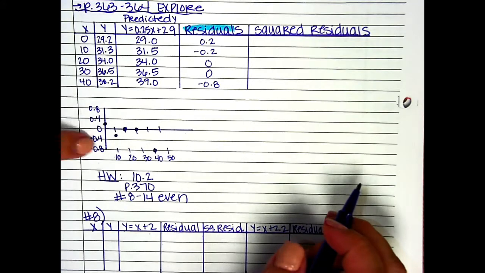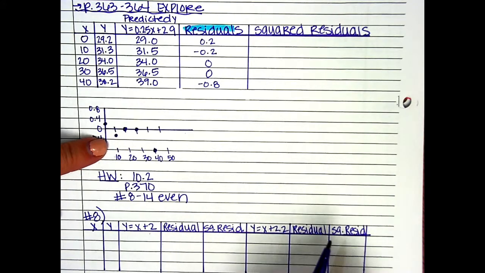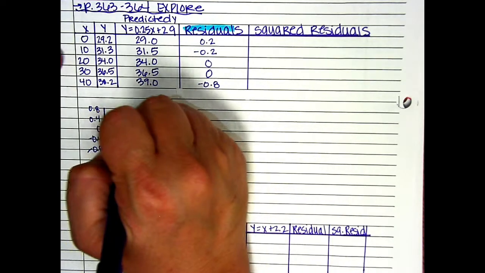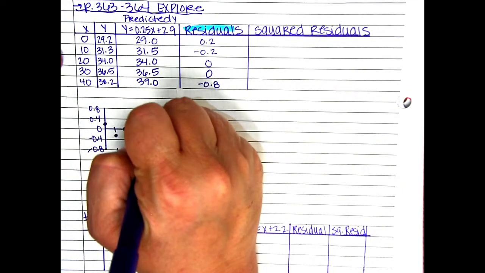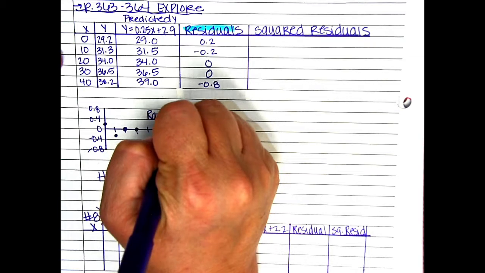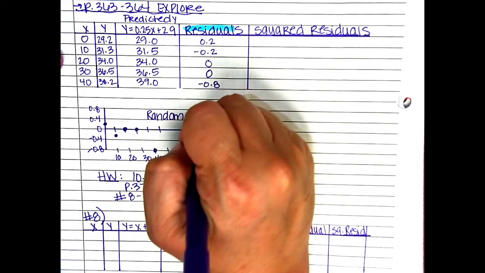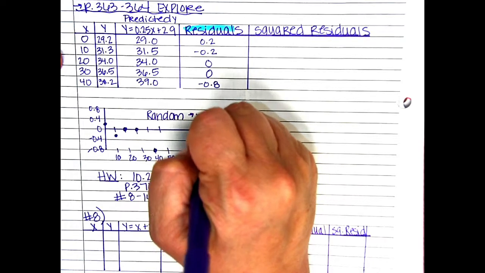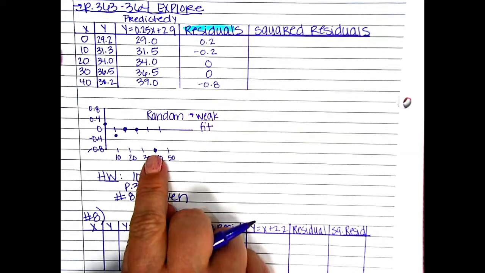Okay, so by looking at that, we can see it's not a pattern, it's random, but it's fairly weak. So we would say this is random with a weak fit, because this one's all the way down here.